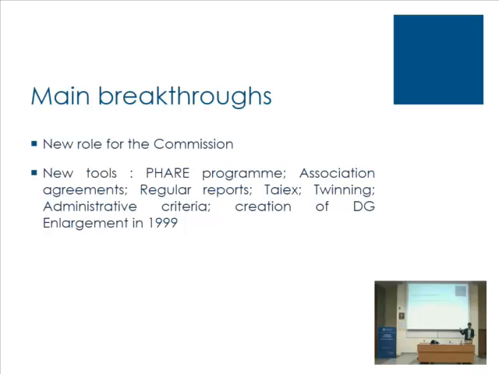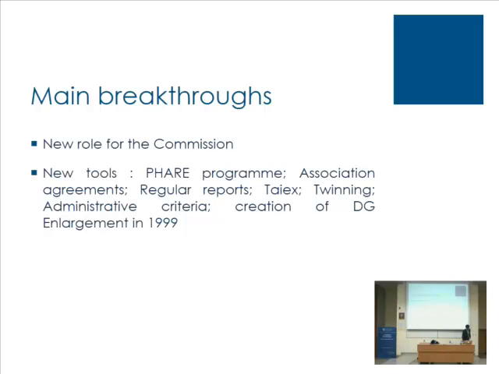And that was fixed in 1993 in Copenhagen, at the European Council of Copenhagen, called the Copenhagen criteria. So, as we've seen before, the Copenhagen criteria are very, very complex. There are economic criteria, there are political criteria, administrative criteria, but we will focus on political criteria.